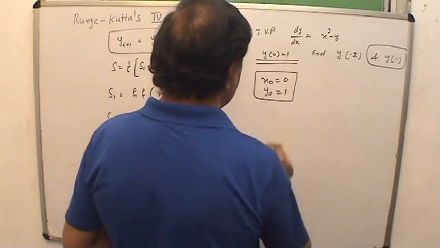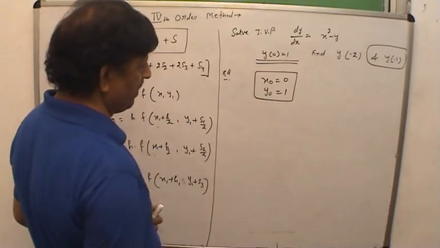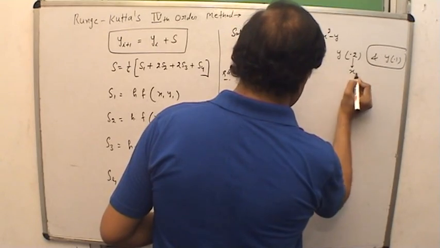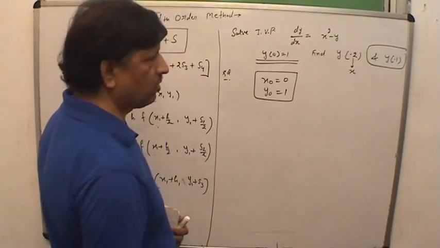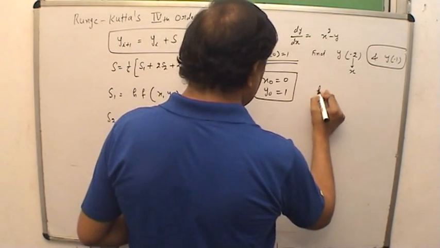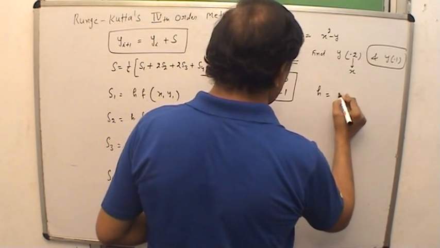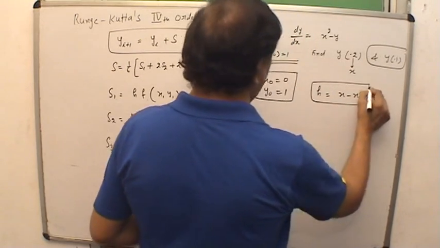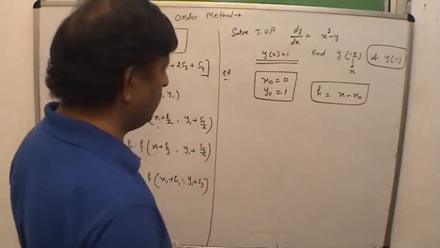Same manner as in the Euler's method. Now what we have to find is y(0.2), where x is 0.2 and x0 is 0. And what is h? h is equal to x minus x0. It is a new formula for finding h.